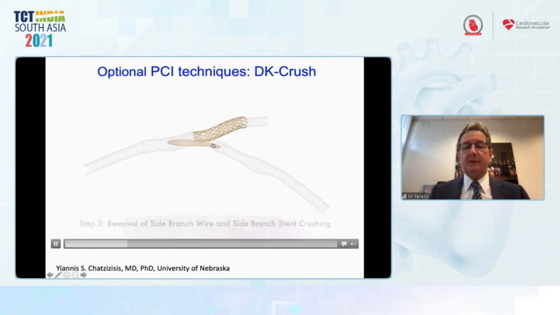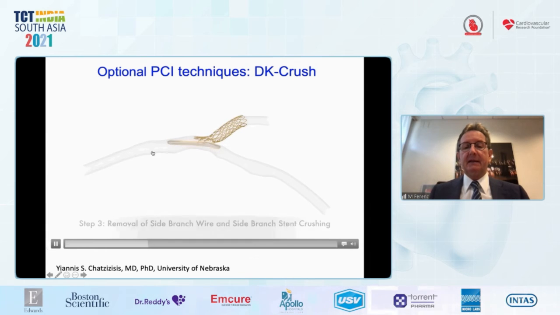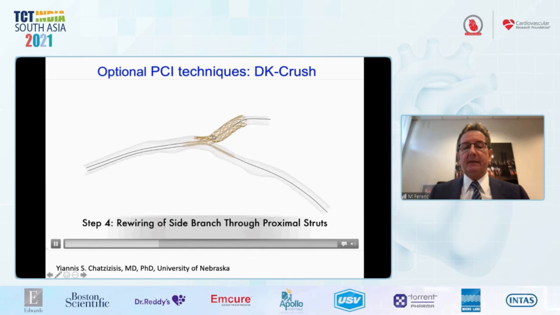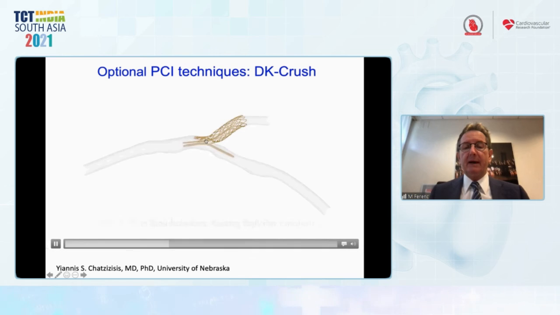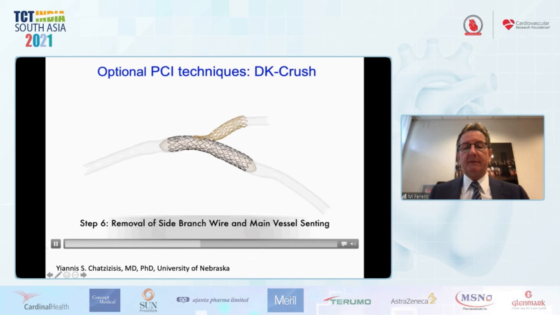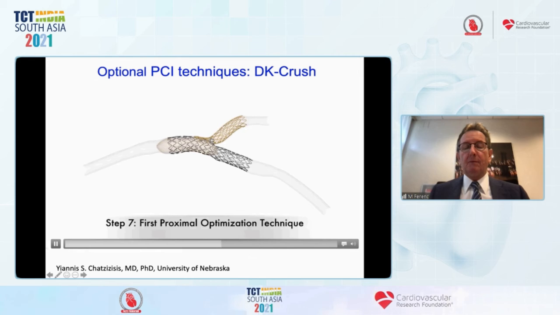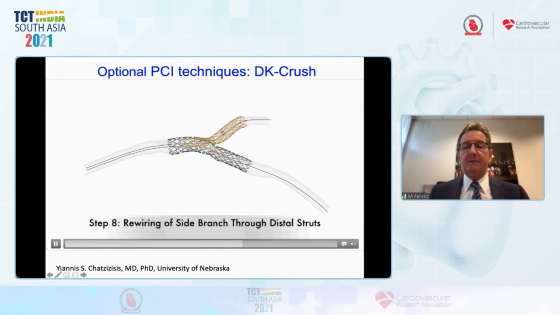We have here balloon in position, you crush, and then you wire in the middle or proximal wiring, and kissing, first kissing, and then you usually go directly with the stent, POT, wiring again in the middle of the side branch ostium, final kissing.